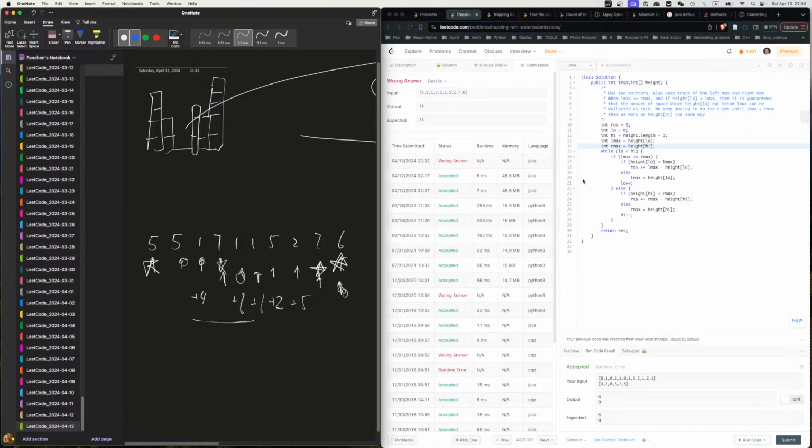Okay, it's a programming issue. Right, left max smaller than this.